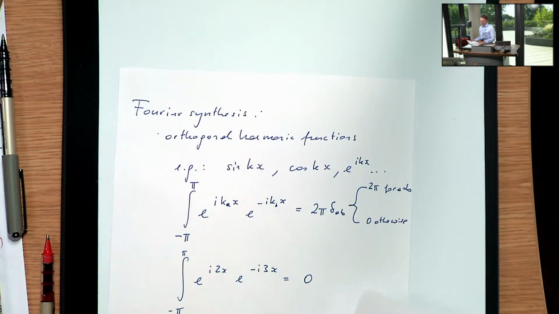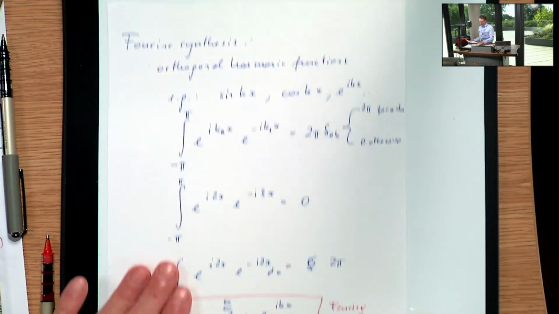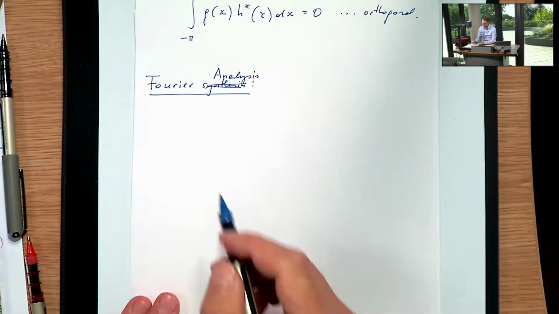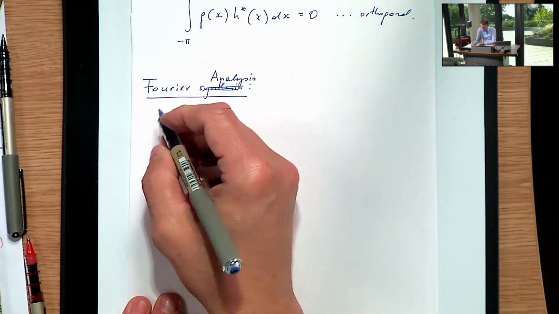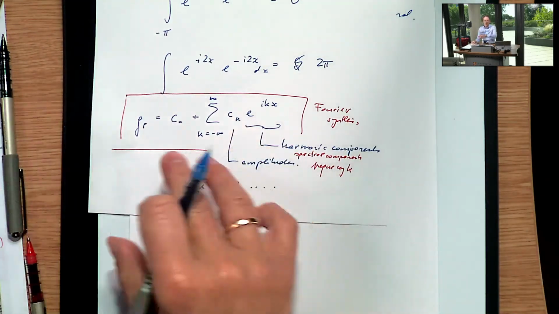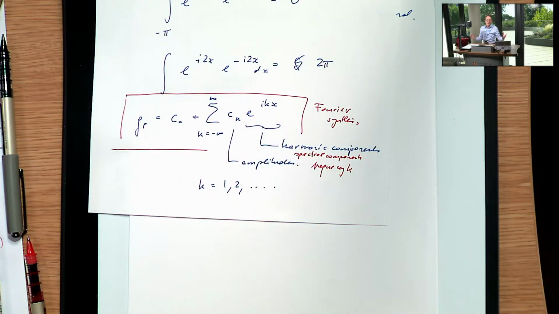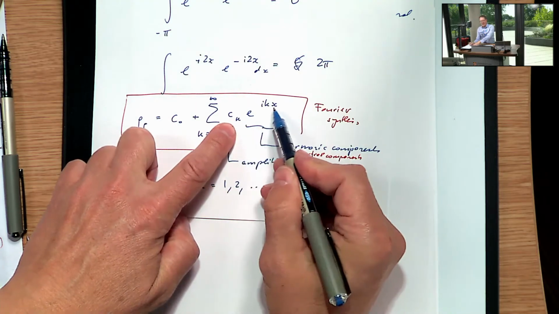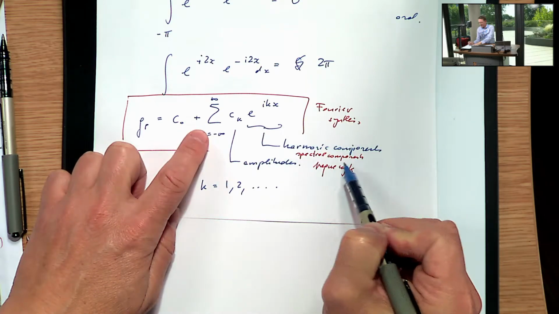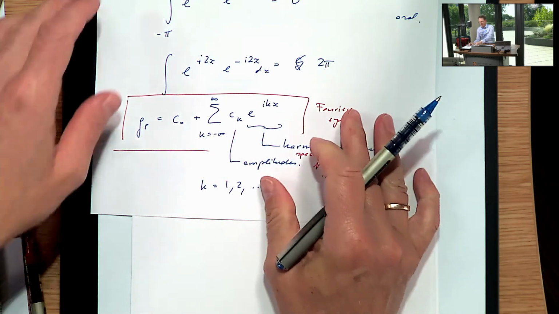Fourier synthesis is taking harmonic components, taking the right amplitudes and the right frequencies, and adding them up. And Fourier analysis is the process of finding these amplitudes, ck. Let's suppose you have a periodic function, any periodic function. The Fourier analysis part is trying to find out what are the amplitudes of individual frequency components. What is the spectrum, we say? What are the spectral components in this periodic function?